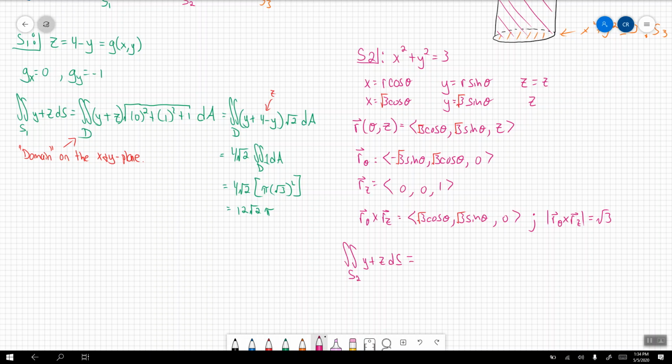Alright, here we go. My double integral is going to be over some region that I'm looking at. And again, it's going to be this y plus z multiplied by this product here. Alright, and actually I'm going to make my substitutions here. The y value, what was that y component?